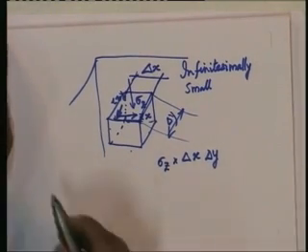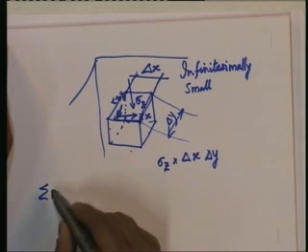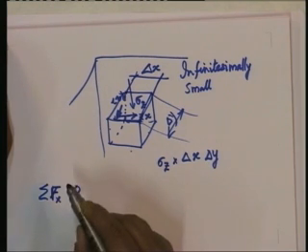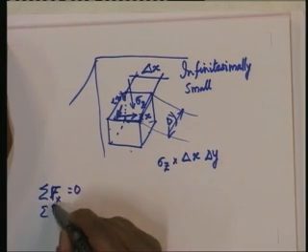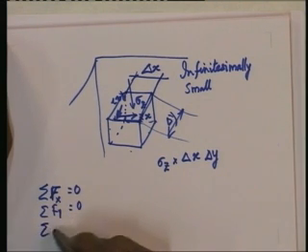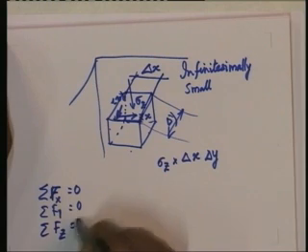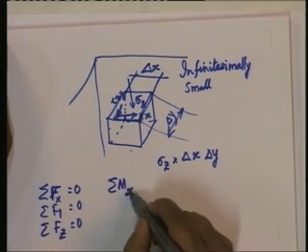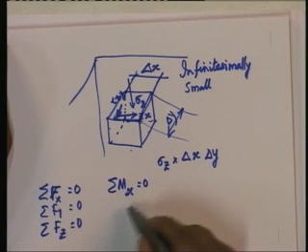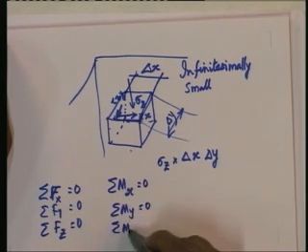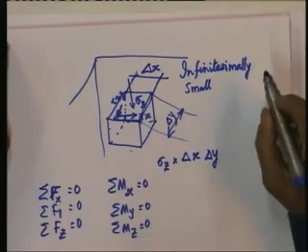So, the equations of equilibrium are going to be: sigma Fx, the sum of all the forces in the x direction, equal to 0; the sum of all the forces in the y direction equal to 0; the sum of all the forces in the z direction equal to 0. Similarly, the moments about the x axis must be equal to 0, the moment about the y axis must be equal to 0, and the moment about the z axis equal to 0.